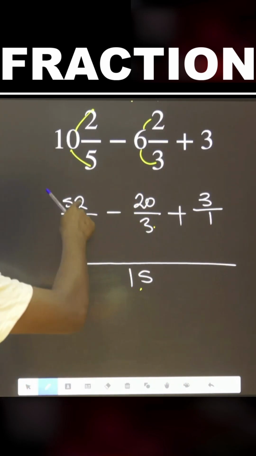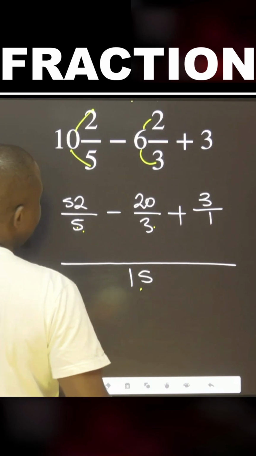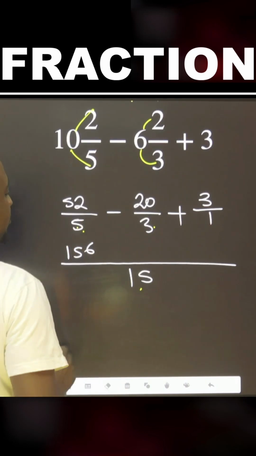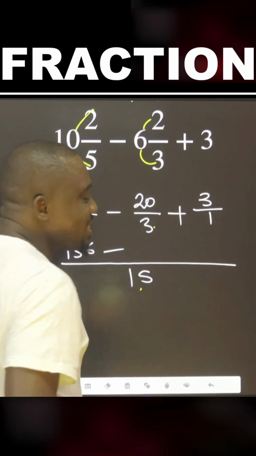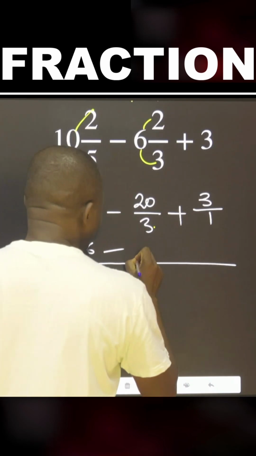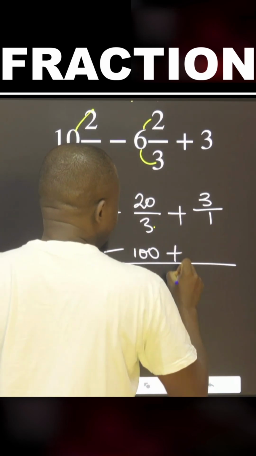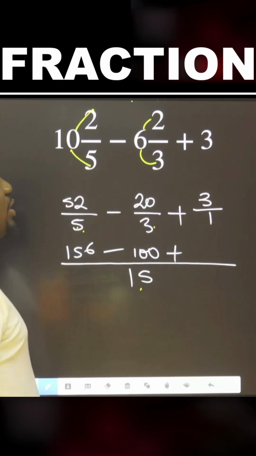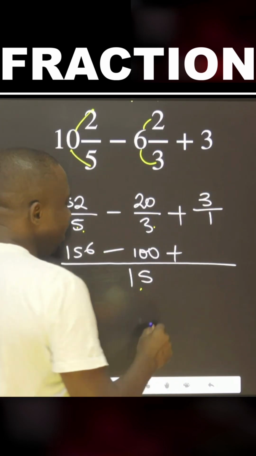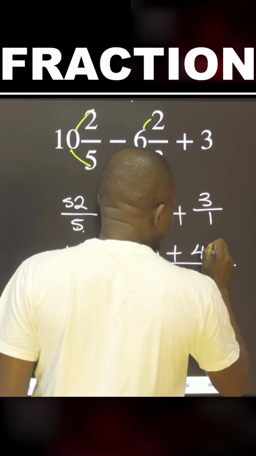The same 3 multiplied by this, you agree with me, will give us 156. Minus, this divided by this is 5. 5 multiplied by 20 will give us 100. 15 divided by 1 is 15. 15 multiplied by 3 will give us 45.